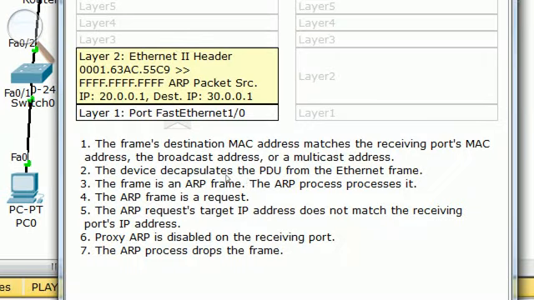Third line: the ARP frame is a, read this line. After that, the ARP process. If proxy ARP is enabled, this ARP is processed.